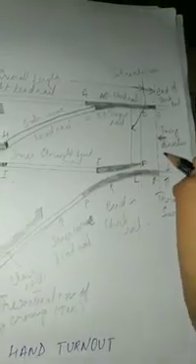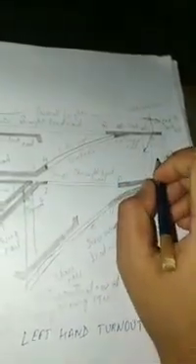If someone stands at the toe of the switch and looks towards the crossing, then the direction is called facing direction. I repeat, if someone stands at the toe of the switch, and looks towards the crossing, then the direction is called facing direction.